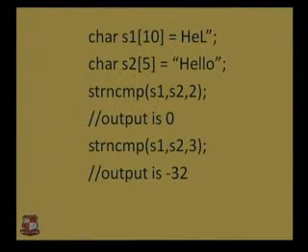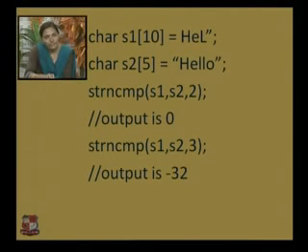Suppose I have taken the string s1 with characters h, e and a capital L, and the next string s2 is hello. If I take the comparison strncmp s1, s2, 2, only the first 2 characters of s1 and s2 are compared. Here the first 2 characters are the same, he and he. So both are equal, and it will return the ASCII difference 0. The whole strings are not compared, only the n leftmost characters are compared.